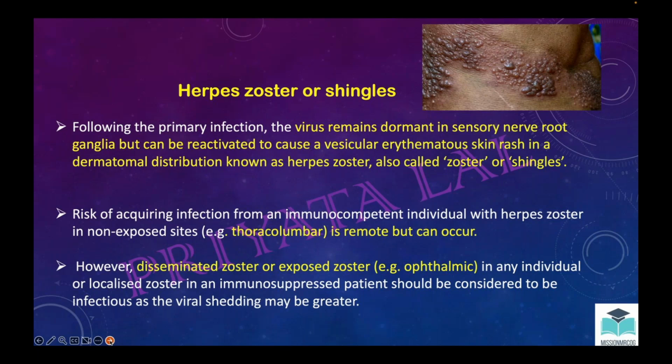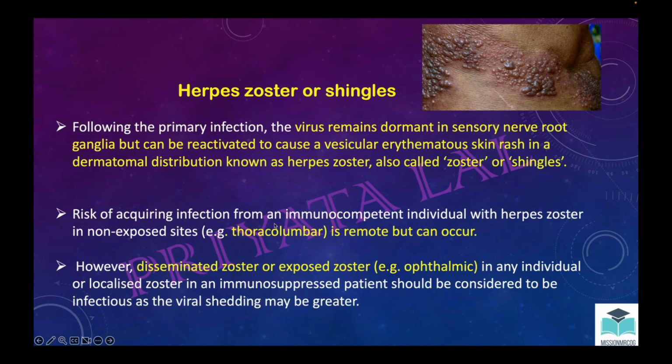I have seen many cases. It is very characteristic that the vesicles are very painful, because neuropathic pain occurs, and it will be in a single dermatome of a nerve, and it will never cross the midline. So keep an eye out when you see such patients in your clinics.